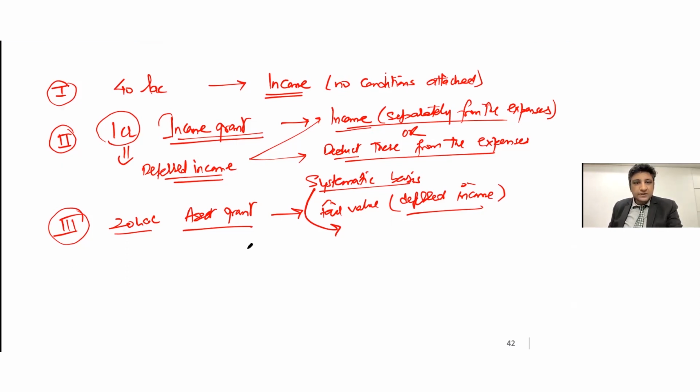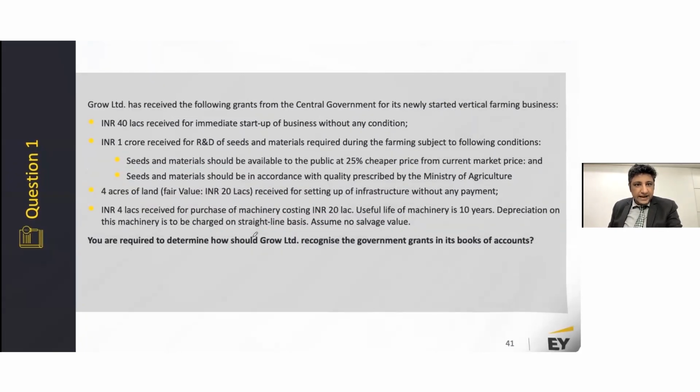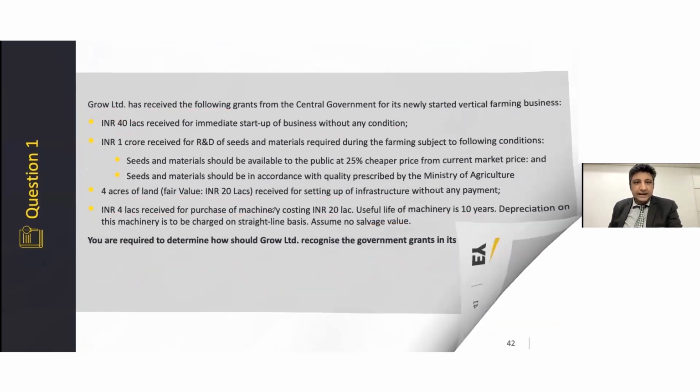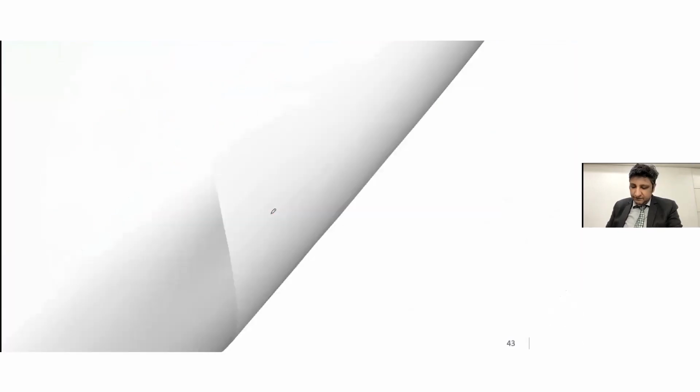Now, as far as the fourth grant is concerned, which is of 4 lakh rupees towards the purchase of a machine of 20 lakh rupees, this grant, by the way, is an asset grant. And for this, again, you have two choices.